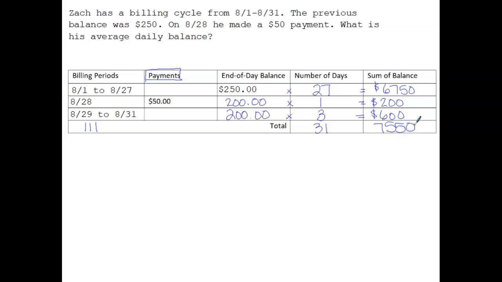7,550. Okay, now, in order to find the finance charge, okay, oh, this one is just asking for the average daily balance. So this average daily balance, we're just going to call it ADB, is equal to this total right here divided by the number of days in the statement.